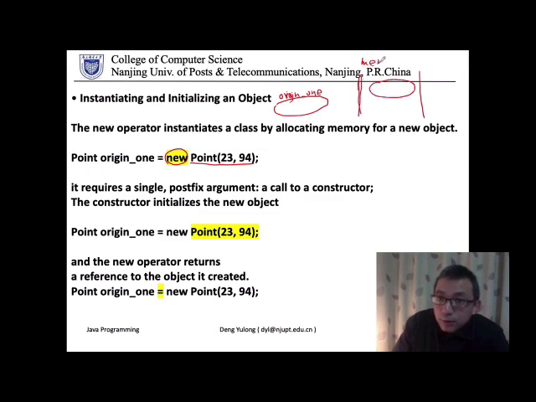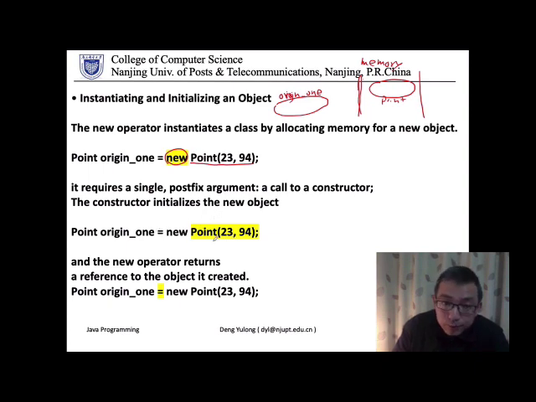Now this is the memory, and inside the memory we get this Point object. So the right side of the new operator gives us an object inside the memory. And the next step, once we have the object, is to initialize this object.